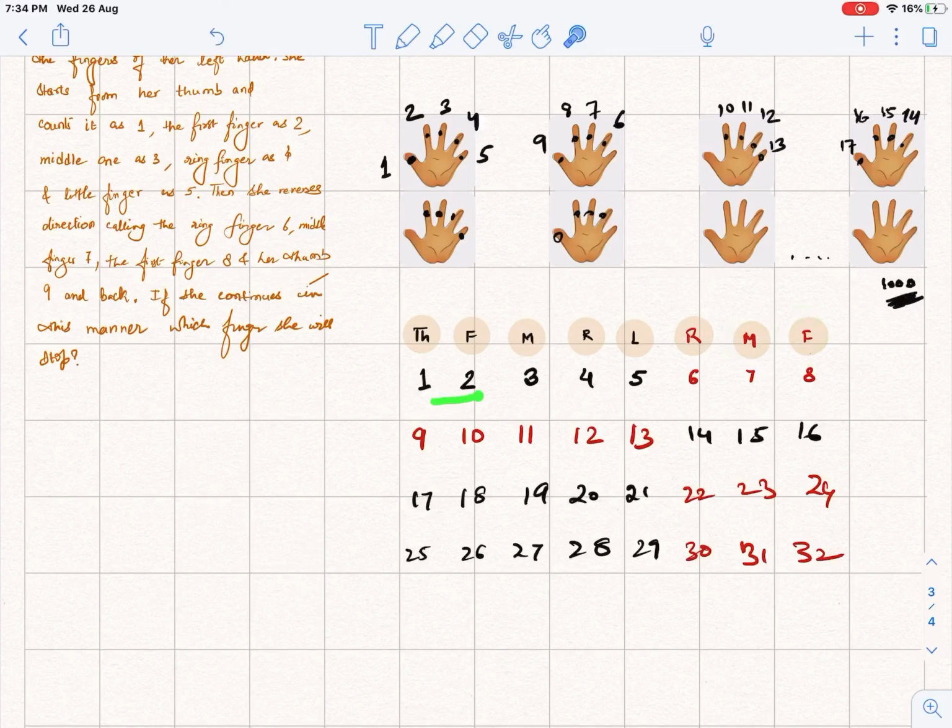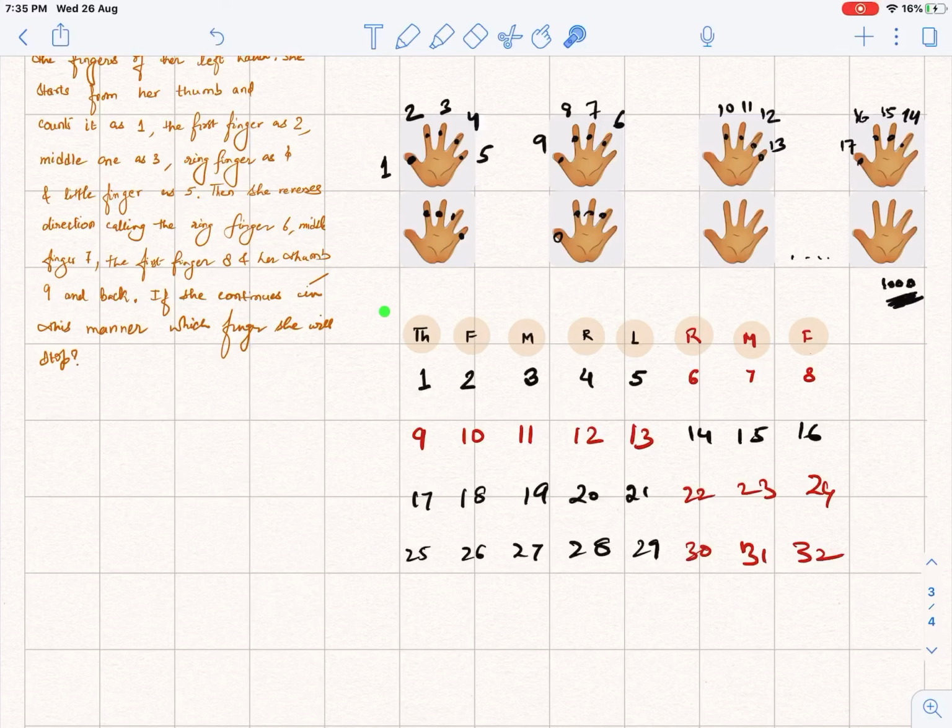I have listed the count here from 1 to 5 in one direction, and then 6, 7, 8 and 9 in another direction. Then again it starts from 10, 11, 12, 13 from the first finger to the little finger, and then again 14, 15, 16, 17, that is from the ring finger to the middle finger, first finger and the thumb. So the series continues like this.